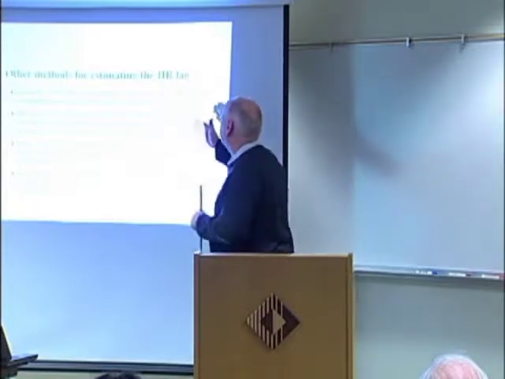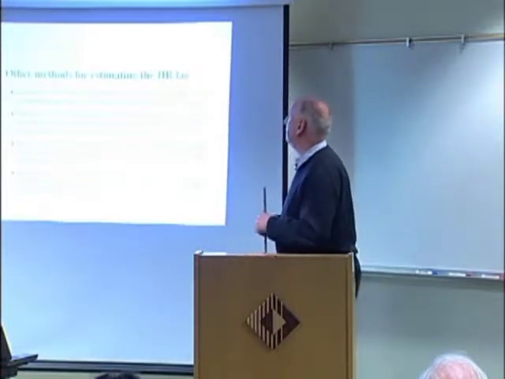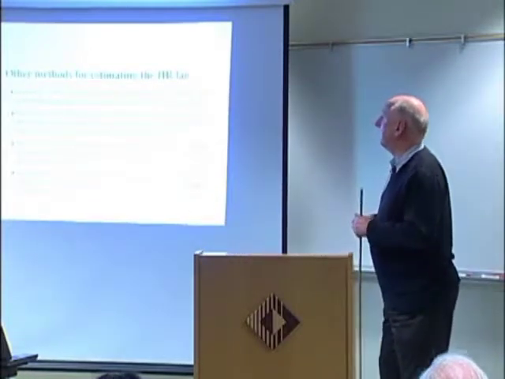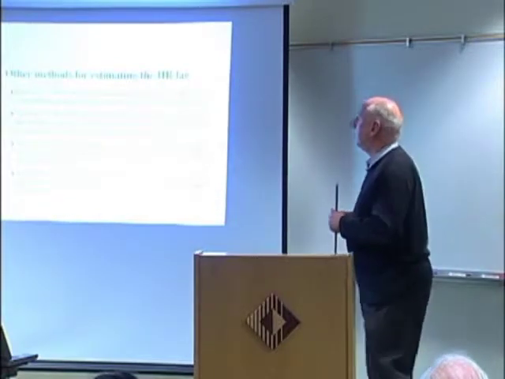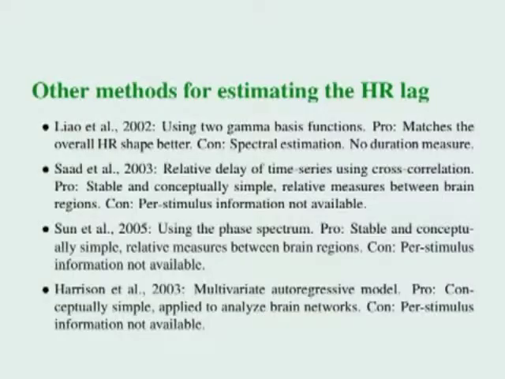So there is a plus in the argumentation that this may be a better match for the function. But at least in this way, when they are estimating the parameters, you need a spectral estimation, so you need the whole time series, and you do not get per trial information. And you do not have directly a duration measure. You can get that duration measure, of course, from the modeled response, but that is a second step.